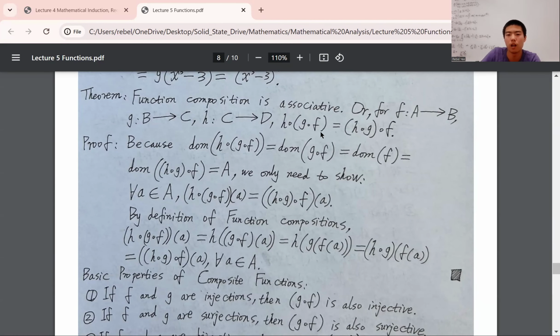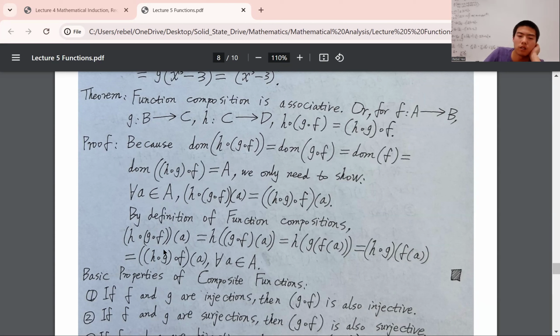So the domain of f is also equal to the domain of h∘g∘f, and this is equal to A, which is the domain of f. So they're equal. So we only need to show that for all elements in A, the two function transforms are the same.